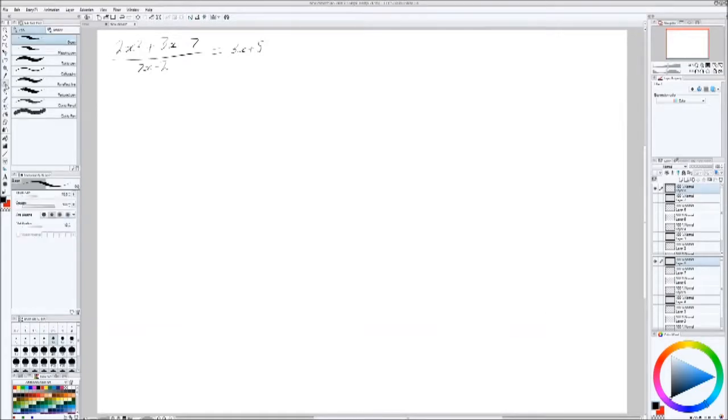And we are instead going to try and factorize the top. Yeah. Actually, no, we don't even need to factorize the top. Instead, we will multiply by what's on the bottom. So we have 2x squared plus 3x minus 7 equals 3x plus 5, bracket 7x minus 2.